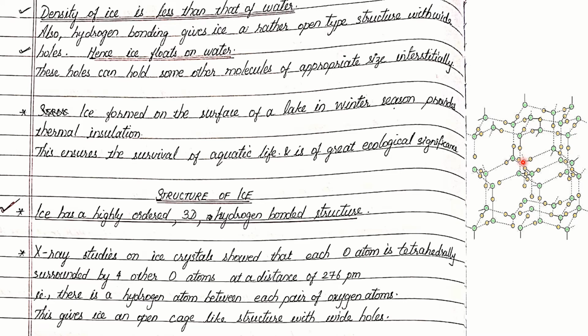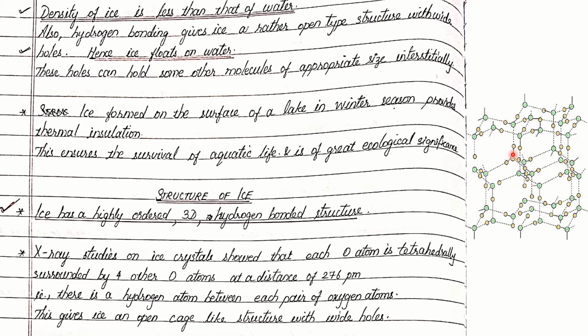X-ray studies on ice crystals show that each oxygen atom here is tetrahedrally surrounded by four other oxygen atoms. See, this oxygen atom is connected to oxygen number 1, oxygen number 2, oxygen number 3, oxygen number 4. So, each oxygen atom in the crystal structure of ice is tetrahedrally surrounded by four other oxygen atoms at a distance of 276 picometers.